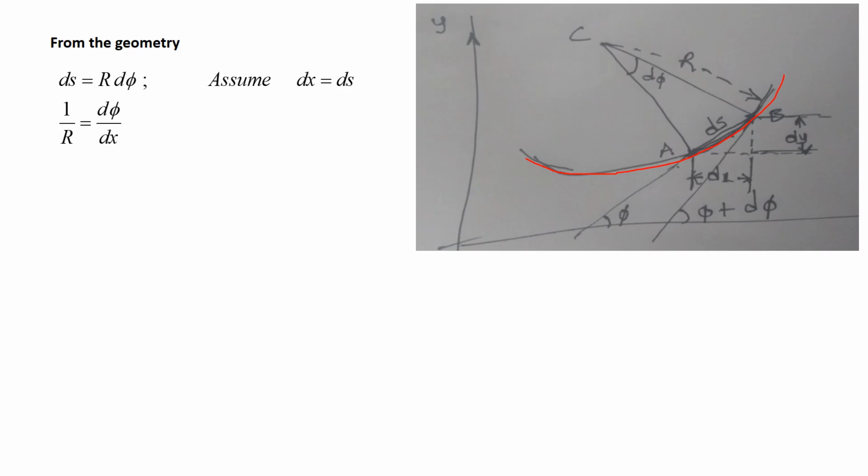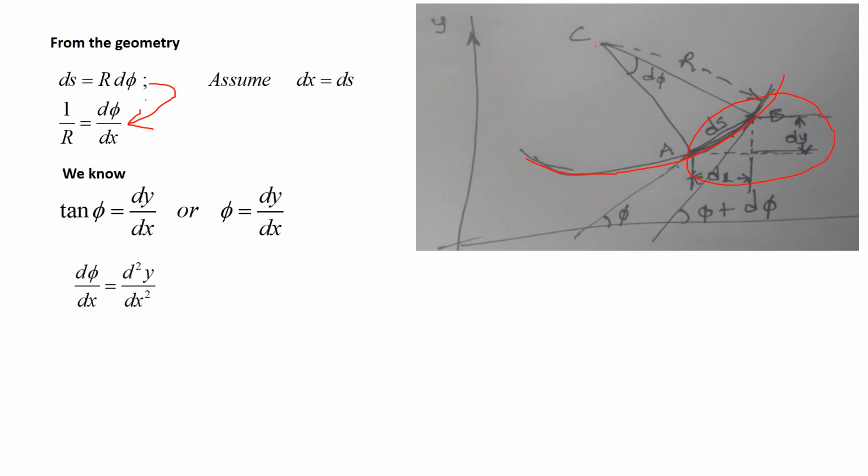It has a curvature with center point C, and the distance from here is R. So ds is equal to R d phi, because we can assume dx is equal to ds. So 1 by R is equal to d phi by dx, from this diagram when it is subjected to loads or bending. So we know that tan phi is dy by dx. So for small angles, phi is equal to dy by dx from this diagram.